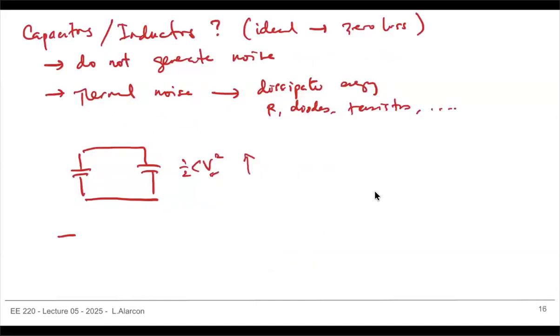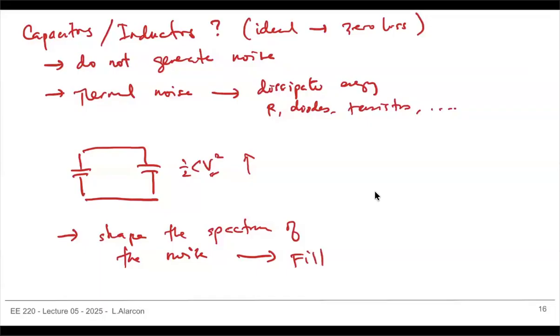that next time. Capacitors, inductors can shape the spectrum of the noise. Okay? That means I can use capacitors, inductors to filter noise.